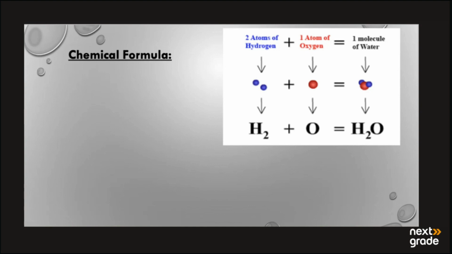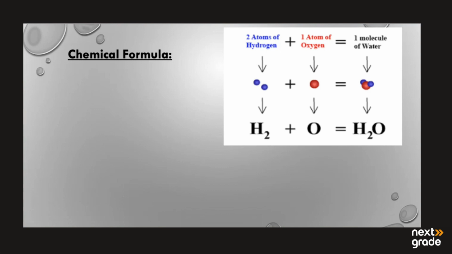The first thing you need to know is what is meant by the chemical formula. We know what compounds are: when different elements are combined chemically, they form a compound.